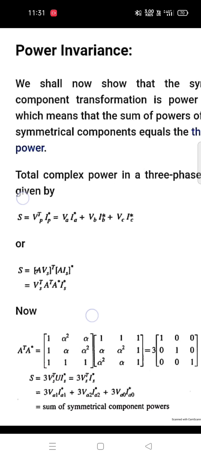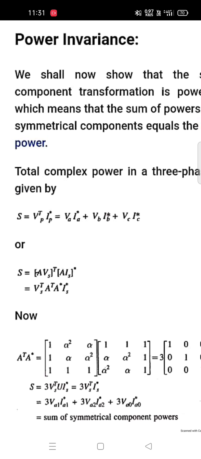Now if we take the symmetrical components in the picture, then it will be S equal to A into Vs, transposed, into A conjugate into Is conjugate. So Vs transpose and A transpose into A conjugate into Is conjugate.